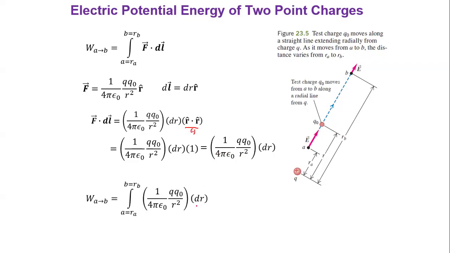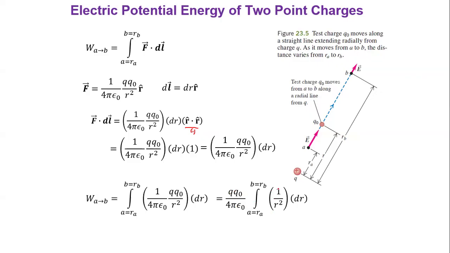So the work from A to B, from the radius RA to radius RB, is just the integral of the force times dr. Because the magnitude of the force has a constant factor, let's put it outside of the integral.